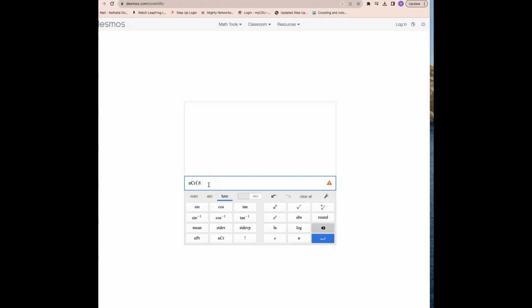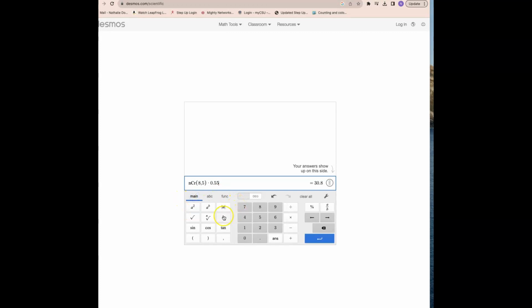So this is 8, 5, times 0.55, exponent 5, then times 0.45, and the exponent there was 3. So the probability of exactly 5 is 0.2568.